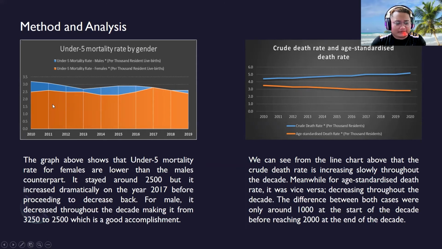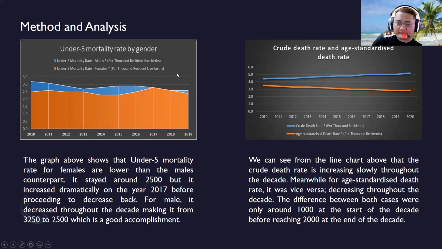And then it stayed around 2,500, but it increased dramatically in 2017 before decreasing back throughout the following years. Meanwhile, for male, it decreased throughout the decade, from 3,250 to 2,500, which is a good accomplishment.